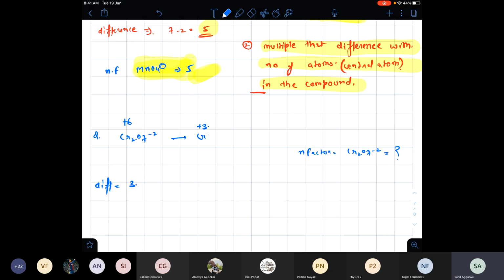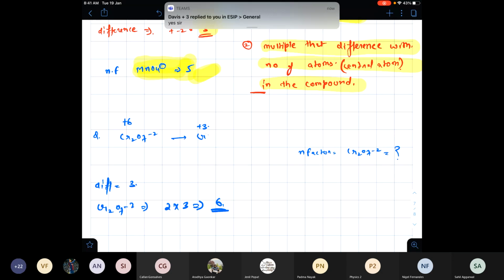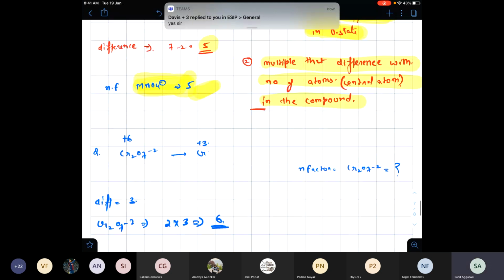But Cr2O7 2 minus has 2 Cr atoms, so it will be 6. Any doubt in this?